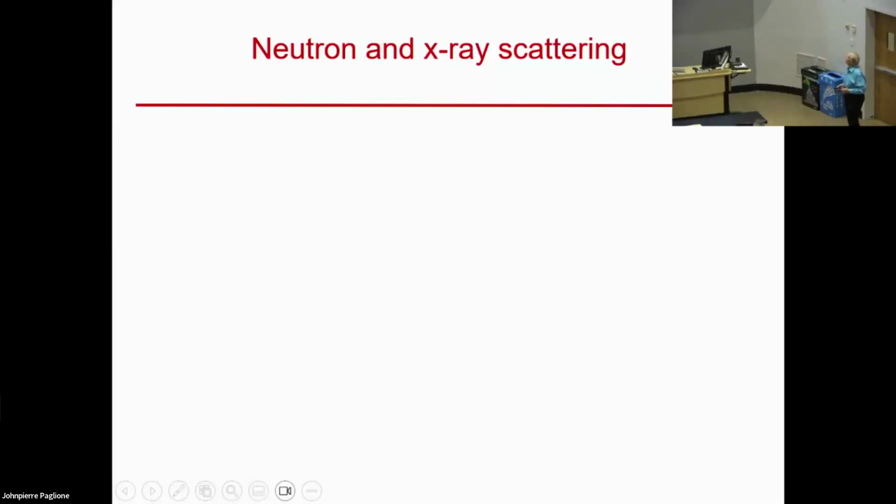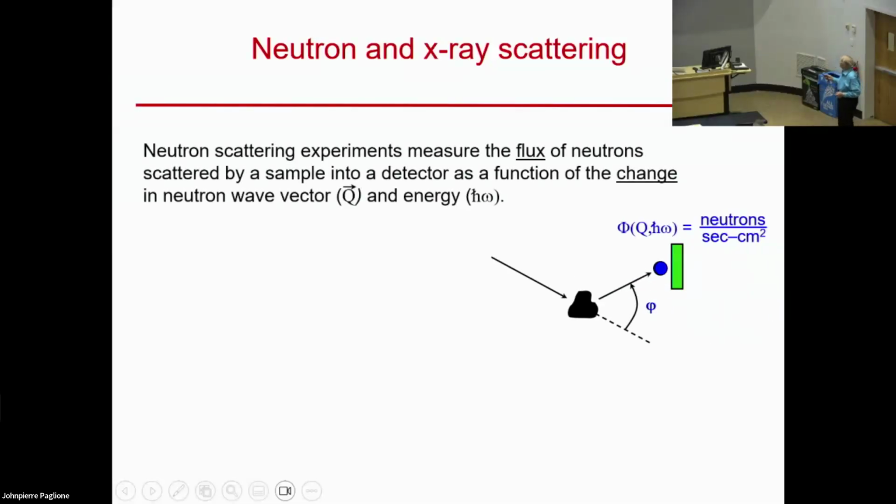Okay, so neutron scattering, or any kind of scattering. The idea is you bring some particles in on your sample, they scatter off, and you ask how many end up in your detector. If you want to be efficient, you'd like to have lots of detectors. Cross section is how many in, how many end up in your detector, and this is a scattering angle.